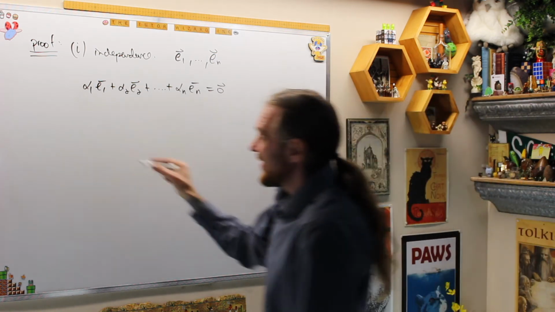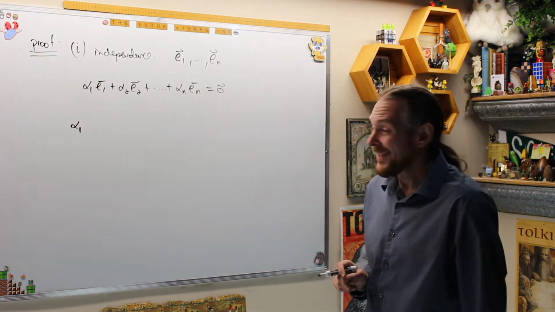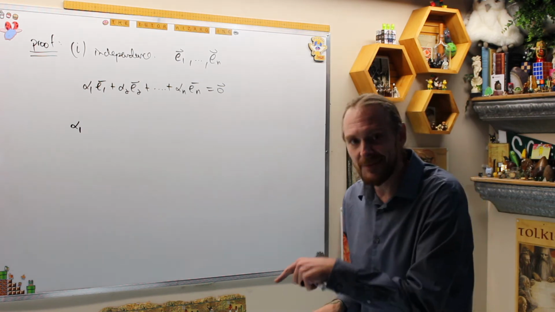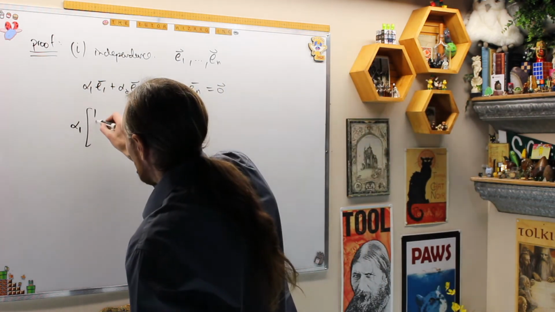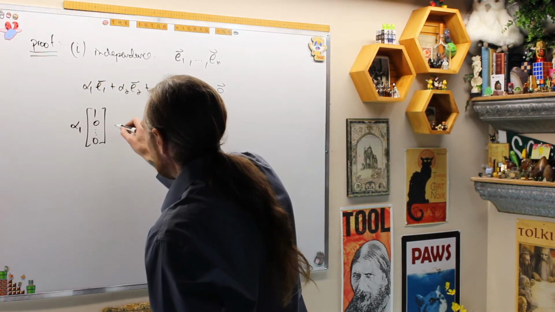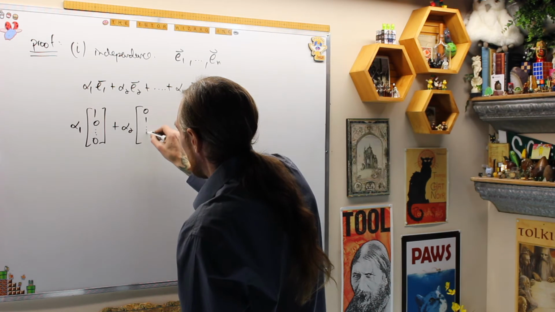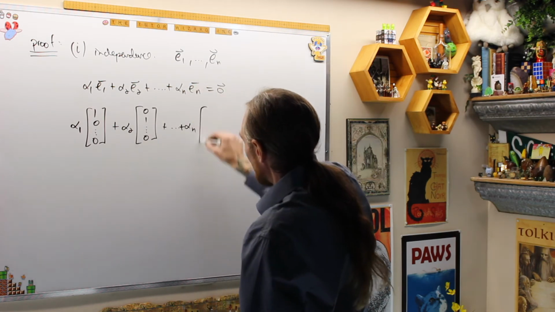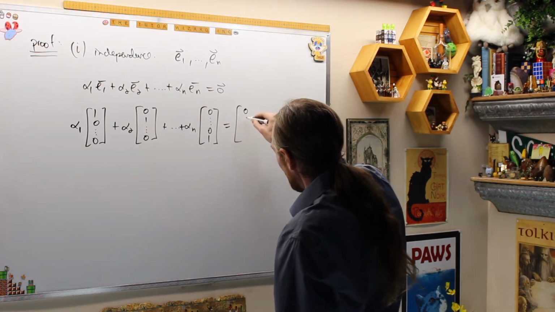Do you see now? This is why I'm going to open it up. I wasn't going to do it here, but I am going to do it. In practice, this is how you get an augmented matrix and row reduction in REF to answer this type of question. E1 is this guy, plus alpha 2 times 0, 1, this guy, plus all the way to alpha n times this guy, equals the 0 vector.